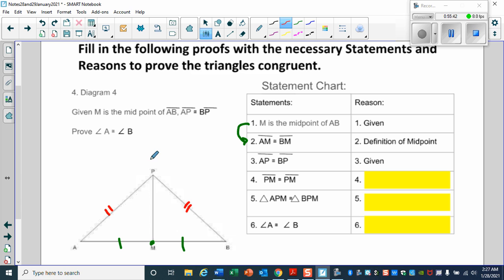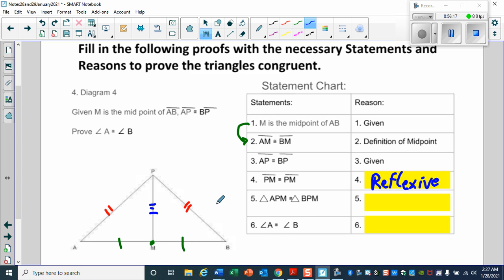So again, indicate that that's given. Now, given this triangle, we see that we have a PM, PM. Remember, that's a reflexive. And then, what do we know? We have 1, 2, 3, 1, 2, 3.